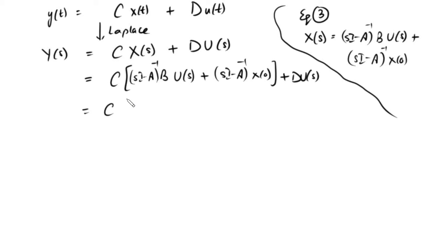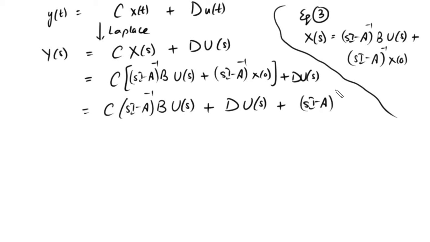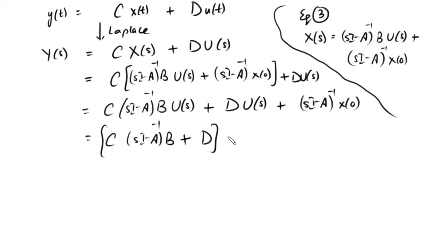Okay, alright, so let's collect u of s terms. So C (sI minus A) inverse B times u of s plus D times u of s plus C (sI minus A) inverse x of 0, which basically is C (sI minus A) inverse B plus D, times u of s plus C (sI minus A) inverse x of 0.